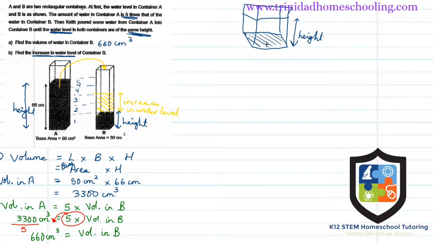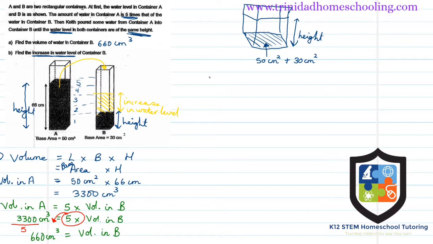So if we were to add these two containers together, our total base area would be 50 centimeters squared plus 30 centimeters squared. Now what is the total volume of water in here? Let's try to find that.